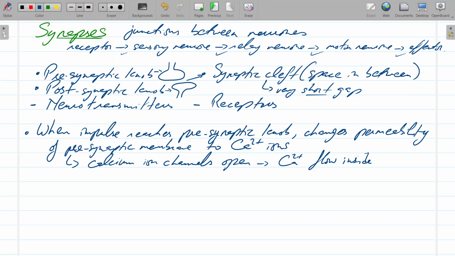There's a concentration gradient, obviously, so they're flowing in through channels, so diffusion is happening.